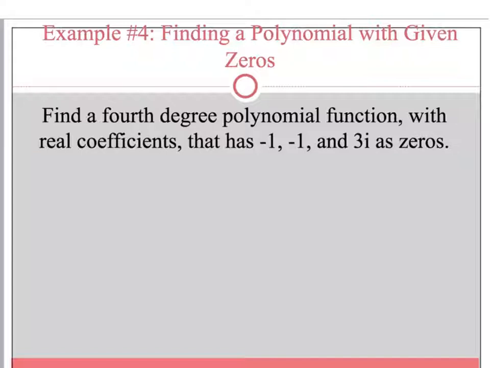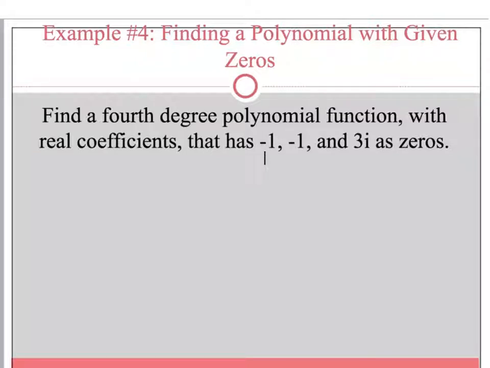For example 4, finding a polynomial with given zeros. We need to find a fourth degree polynomial with real coefficients that has -1, -1, and 3i as its zeros. The first two are fairly straightforward, because in order to write a polynomial, the zeros that are given to us have to be written as factors and then multiplied to create the polynomial.